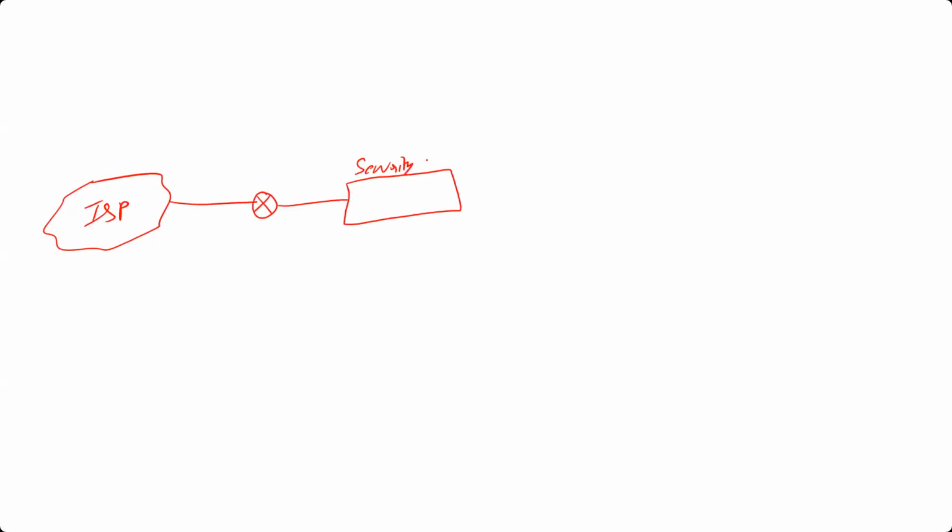Now, considering an organization's network, let us consider a simple network here. We'll have an internet connection from, say, a service provider, an ISP, which is terminated on a router, which is in turn connected to our security gateway. Now, from the security gateway, we will have our LAN network.